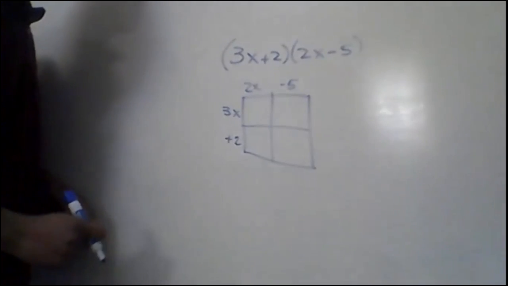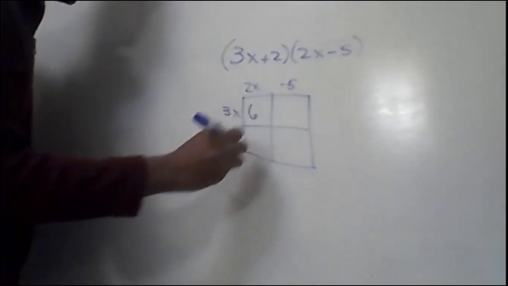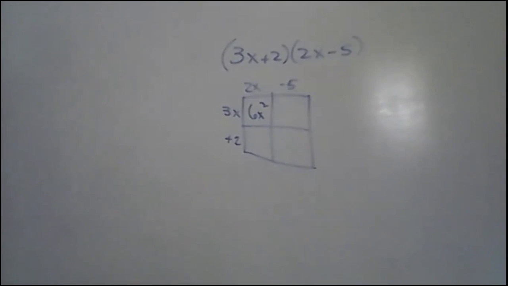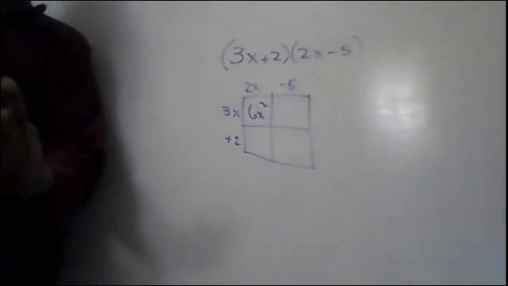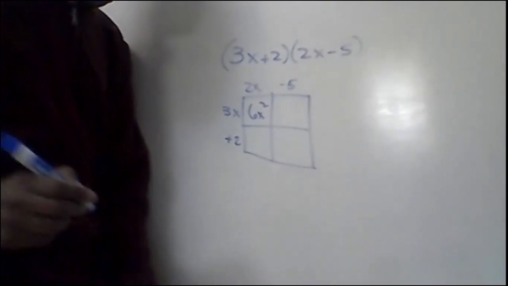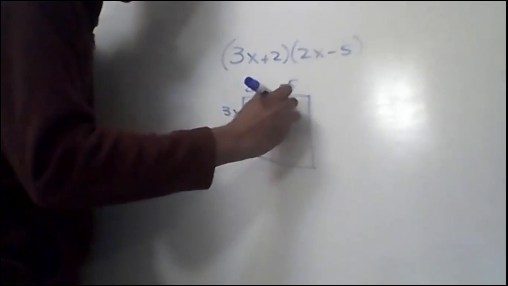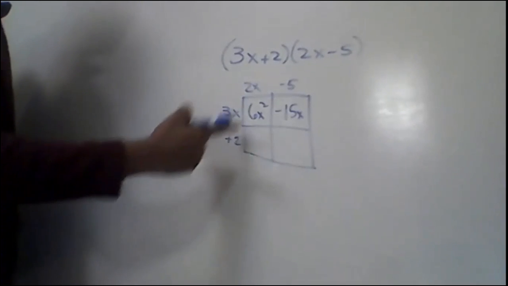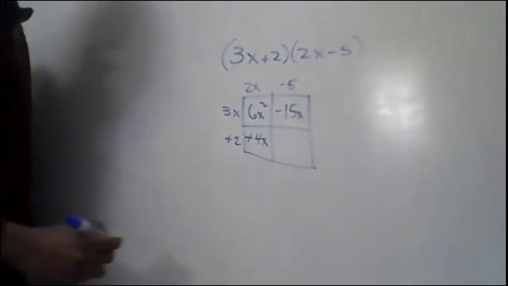So I'm going to do it like this. 3x times 2x is 6x squared, because x and x makes how many x's? Makes x squared. All right. 3x times -5 is -15x. Plus 2 times 2x, I'm just doing that, I get plus 4x.